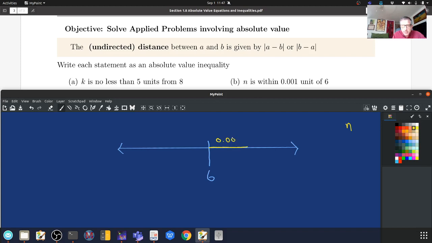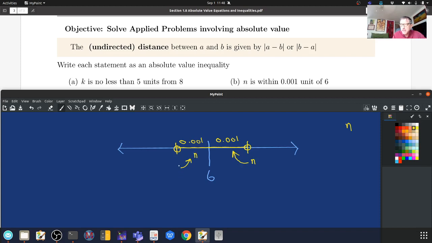That means I can start at 6 and I can move out a distance in either direction of 0.001. But I can't actually get to that point, right? Because it's within. It doesn't include, it's within. So all of my n values can be in here.